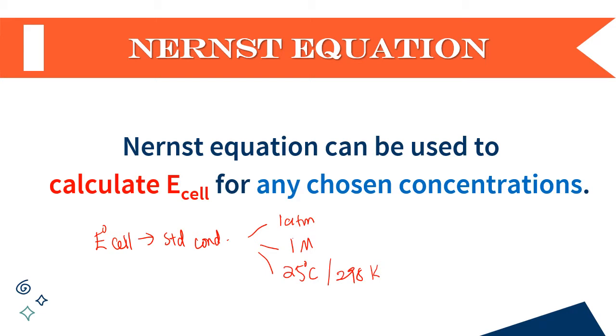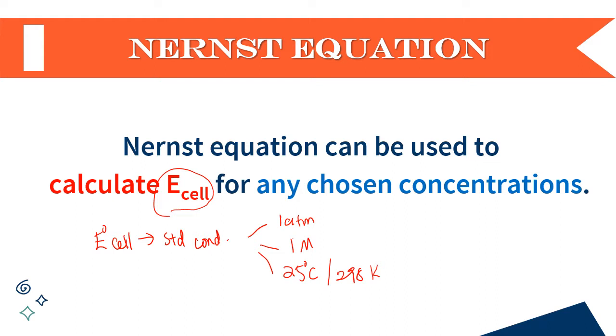But for E cell, the temperature can vary. It can be at any temperature, and also it can be at any concentration and pressure. In other words, it's not at standard conditions.